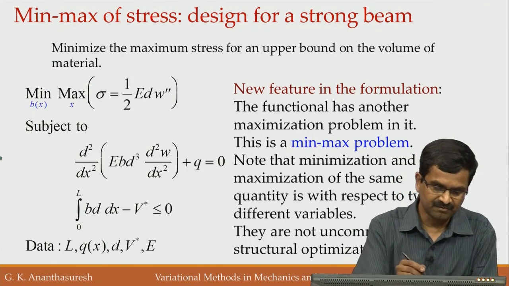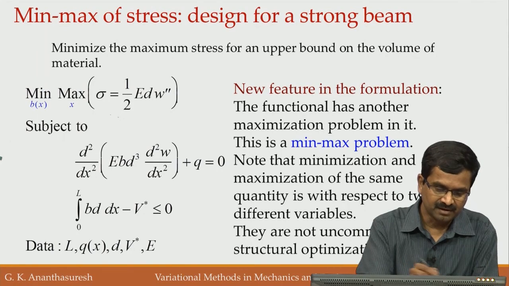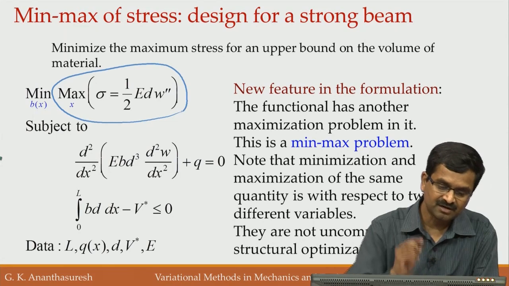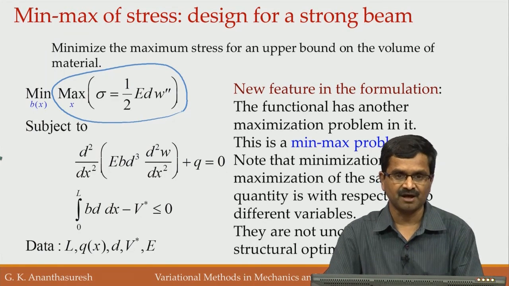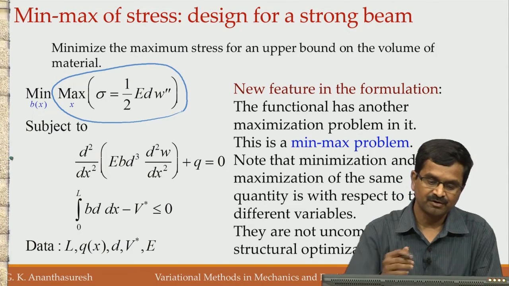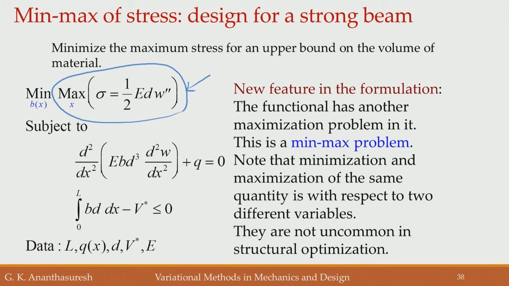Okay. Then again we have a functional. Now, if you look at this, it is not an integral now, but it is a functional nevertheless. Okay. So, in this lecture you have to focus on the types of functionals, that is, a different type of functional, the maximum over the spatial domain of a quantity, in this case stress, and then there is a governing equation, and there is a resource condition in the form of an integral.